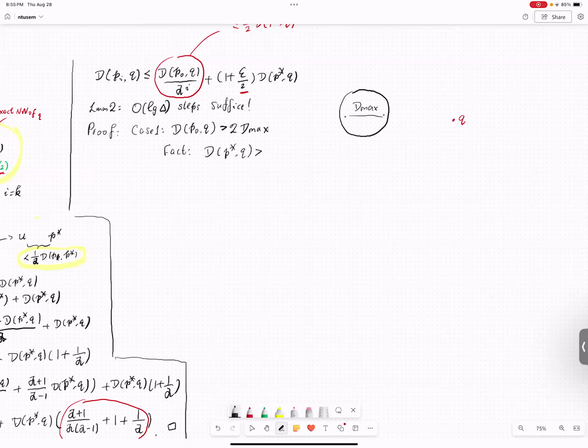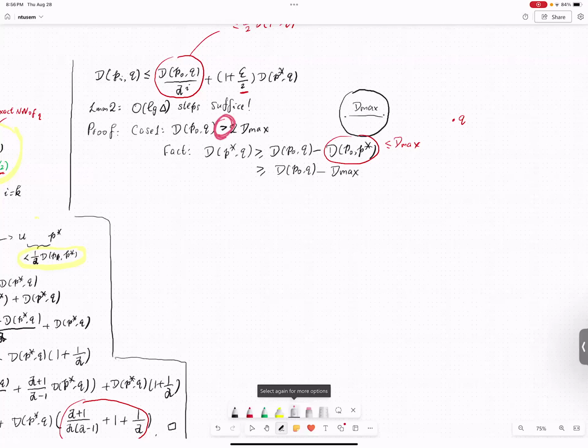This term d(P0, P star) is bounded by D max. So this is larger than or equal to this value, where I subtract something large, so the direction holds. Larger than or equal to.